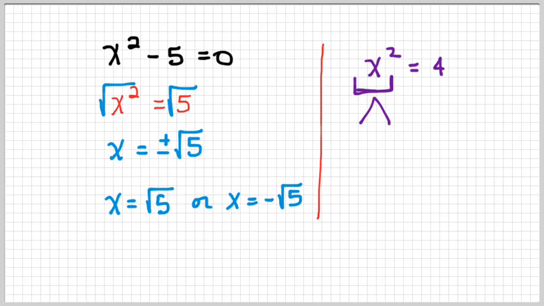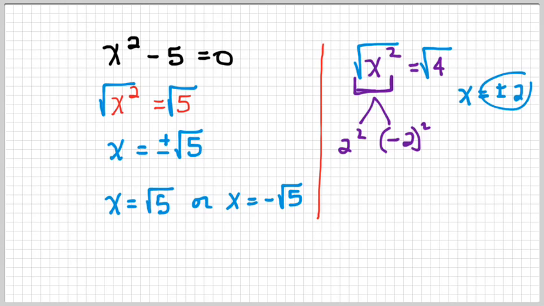Well, there are two answers to that. 2 squared gives me 4, and negative 2 squared gives me 4. Because that's always true, when we square root both sides, it's easiest to say plus or minus whatever the square root of that number is, in this case 2. So we always give both answers because squaring a negative gives me a positive, and squaring a positive gives me a positive, in this case 4.